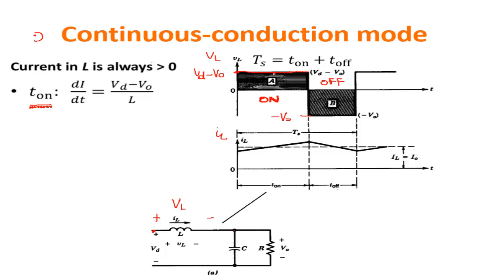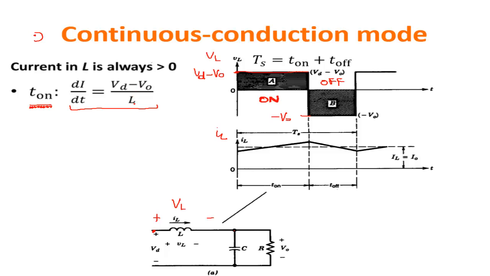When you have a positive voltage applied to the inductor, and this is a definition of inductor, the current through the inductor increases linearly with time, because by definition of inductor you have this expression: the derivative of the current with respect to time is proportional to the applied voltage divided by the inductance.